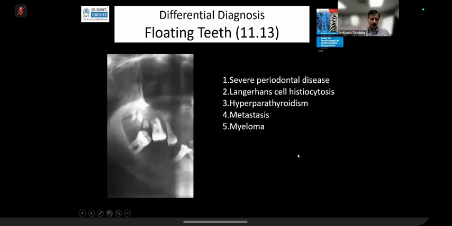Now, there is a differential diagnosis which is not in the current Chapman. This is a plain film type of differential diagnosis. It has come in the exam quite a few times, so I just wanted to show you one case. Floating teeth. Now, the concept of floating teeth is, this is the differential diagnosis from your previous Chapman.